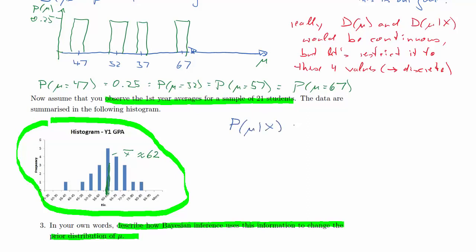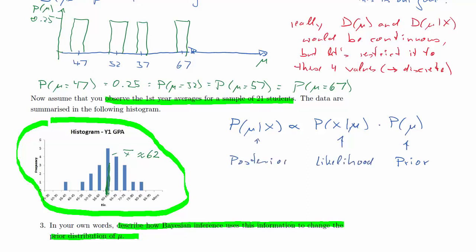At the core of Bayesian inference is this relation. The posterior distribution, the distribution of mu given data, is proportional to the probability of seeing the data given a value of mu times the prior distribution. Just to make that clear, what we have back here is the prior distribution. This is what we call the likelihood of the data, and this is what we will call the posterior, and that's what we are essentially after.